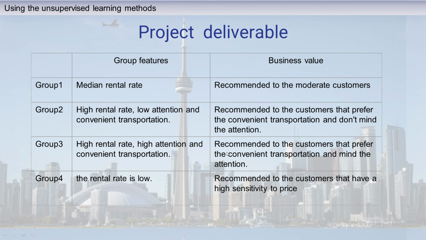For group 3, it can be recommended to the customers that prefer the convenient transportation and mind the attention. For group 4, it can be recommended to the customers that have a high sensitivity to price.